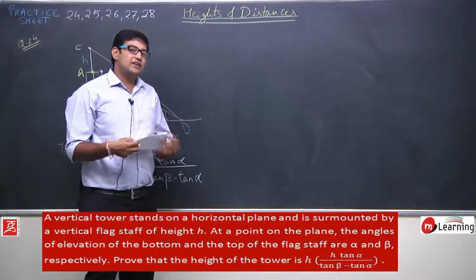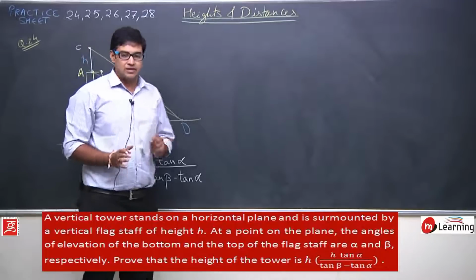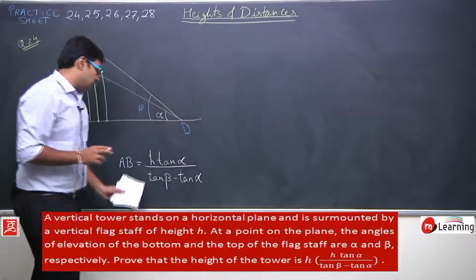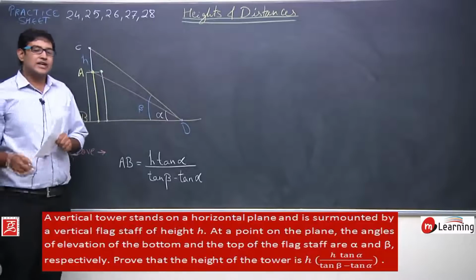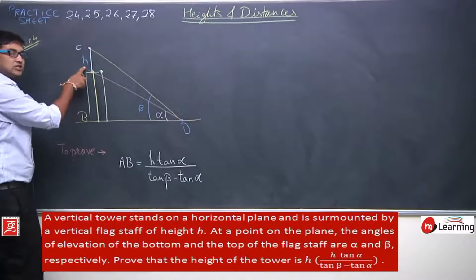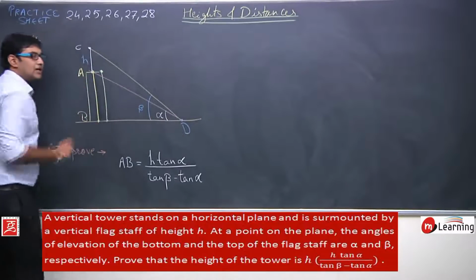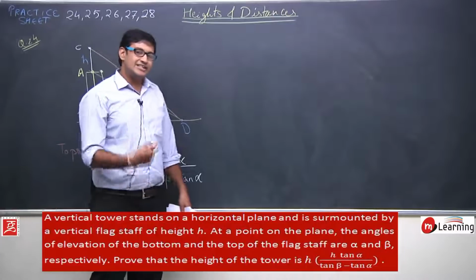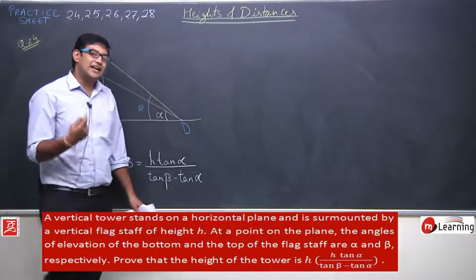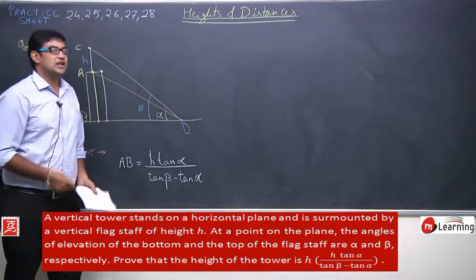So we have understood the question, we have drawn the diagram as well, and our task is to prove this, or to determine the height of the tower in terms of h, alpha and beta. So what should be our next step? Our next step should be to identify the right angled triangles in this diagram.